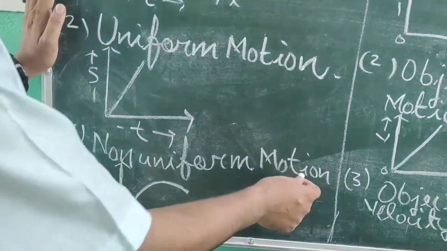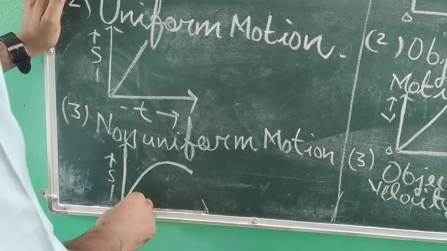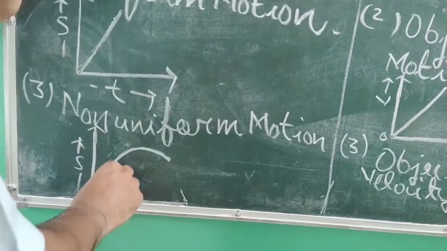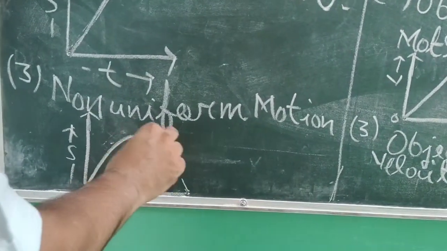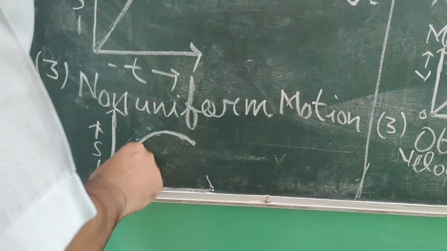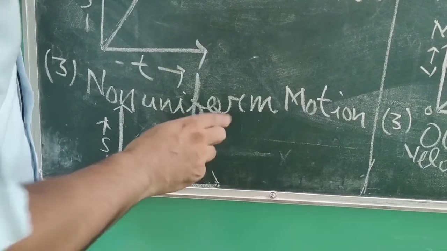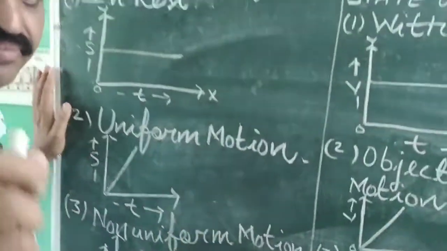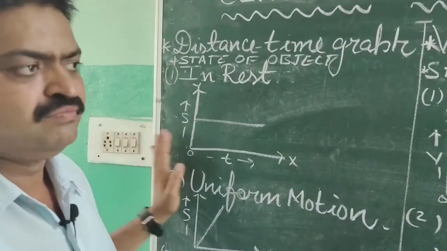In non-uniform motion, the object covers the distance in non-uniform form, meaning it does not cover equal distances, and the graph that we will get will be curved or a parabola. This type of graph is also known as a parabola, student.